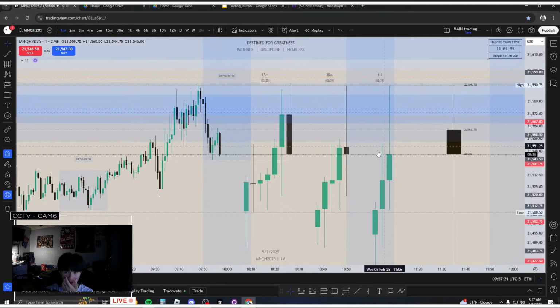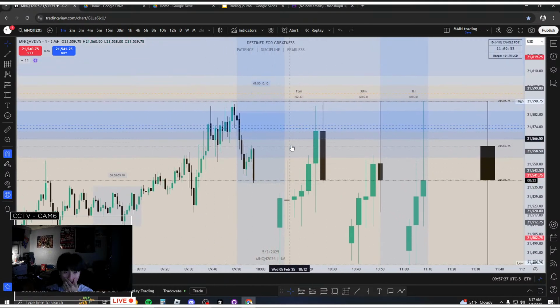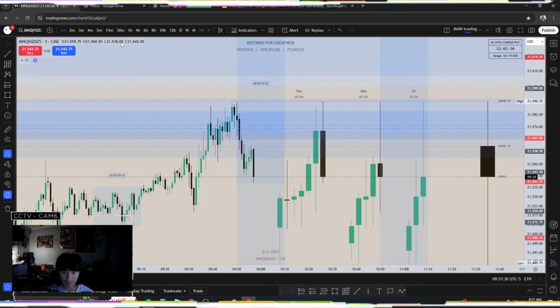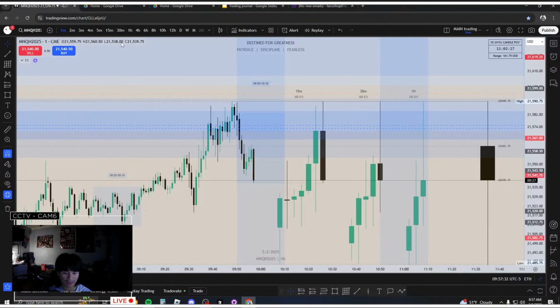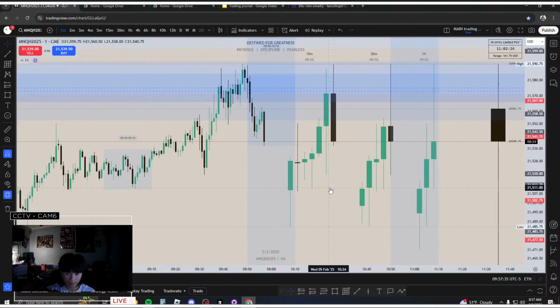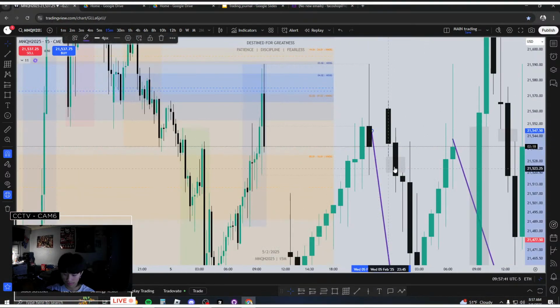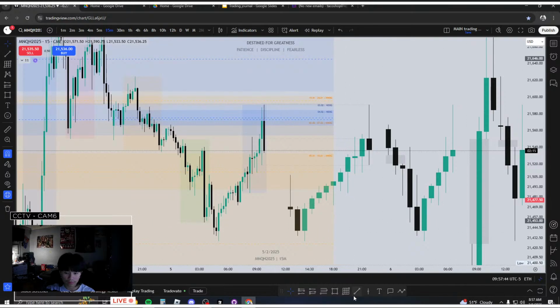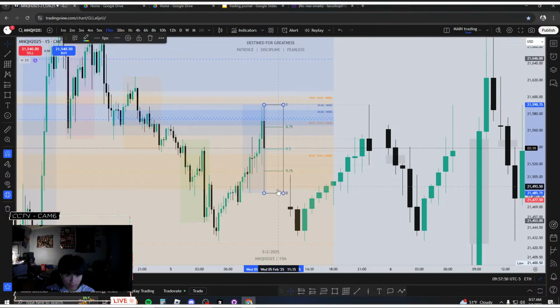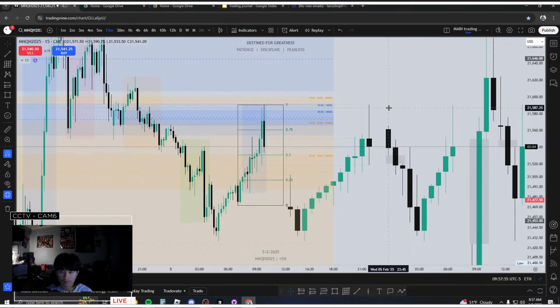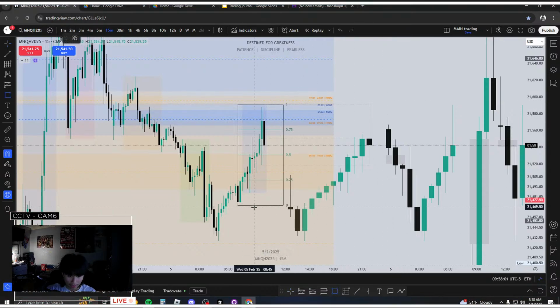Even with the move lower, price doesn't seem to be completely bearish. We could continue lower there to retrace back inside this discount of the dealing range here on the 15-minute time frame at least.